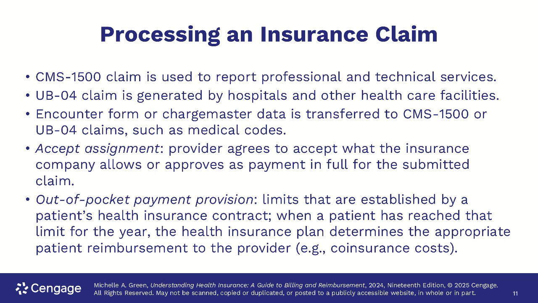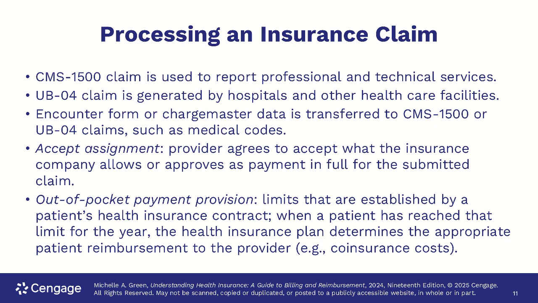All right, so insurance claims. First things first, there are two types of insurance claims you need to know about. The CMS 1500, which is used for professional services, and then the UB-04, which is used for the facility. On these claim forms, if we are a participating provider with that insurance company, we accept assignment of what they pay us as payment in full.